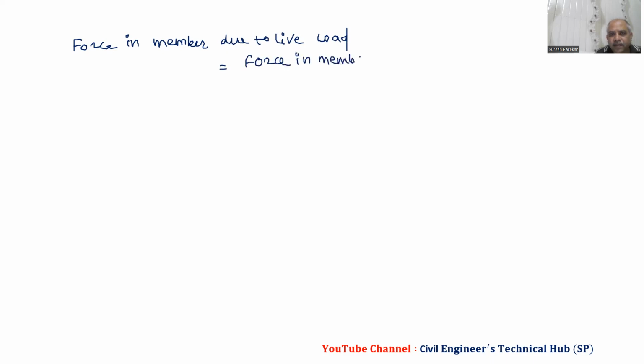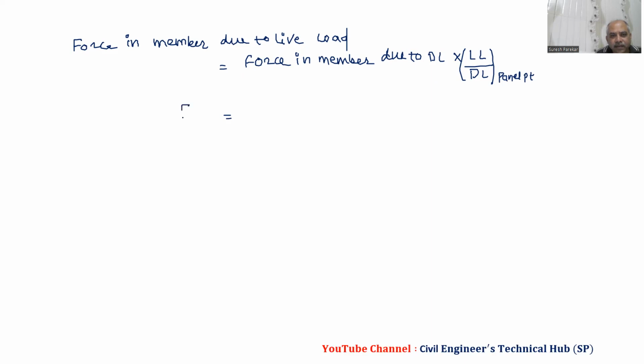And now we will get the force in member due to live load, that is equal to force in member due to dead load multiplied by live load divided by dead load on panel points.